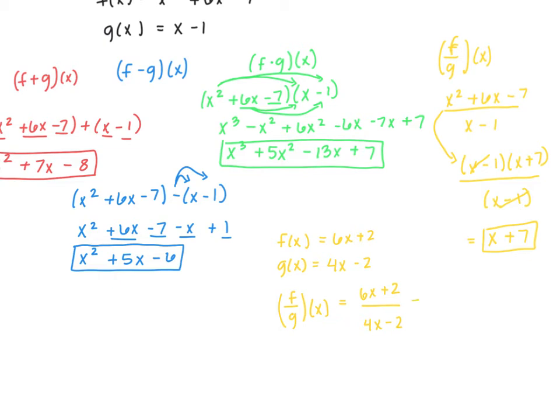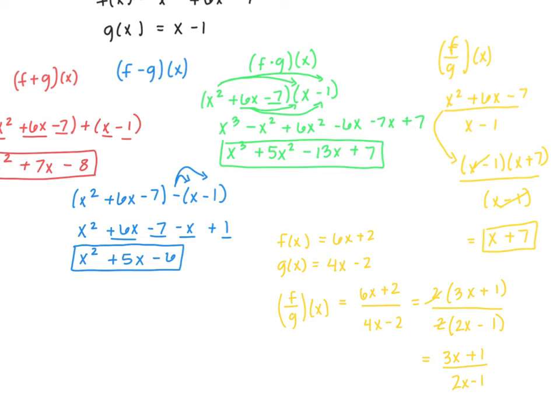Now notice we can pull a 2 out of both of these, and those 2's will cancel out, leaving us with 3x plus 1 over 2x minus 1, which we can't simplify any further, so this is our final answer.